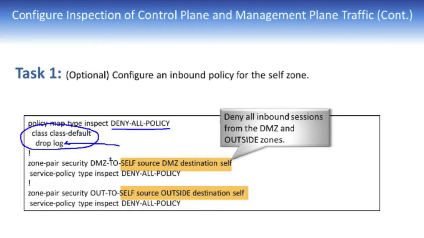We set up a DMZ to self zone pairing, and we put in this deny all policy. We set up an out to self zone policy, and we bring in the deny all policy. So very powerful. We set up the self zone so that other attempts to communicate with it from the outside or the DMZ are dropped and logged.